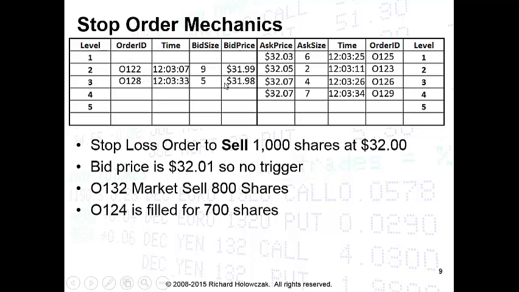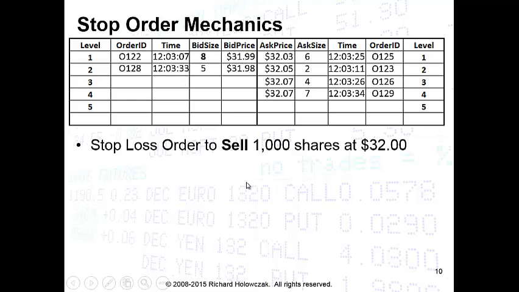So that order will go out of the book. That leaves 100 more shares, and those will be trading against order 122. They'll trade 100 shares at $31.99. So as a result, our order book now looks like this. We have 800 shares at $31.99 on the bid, another 500 shares at $31.98.